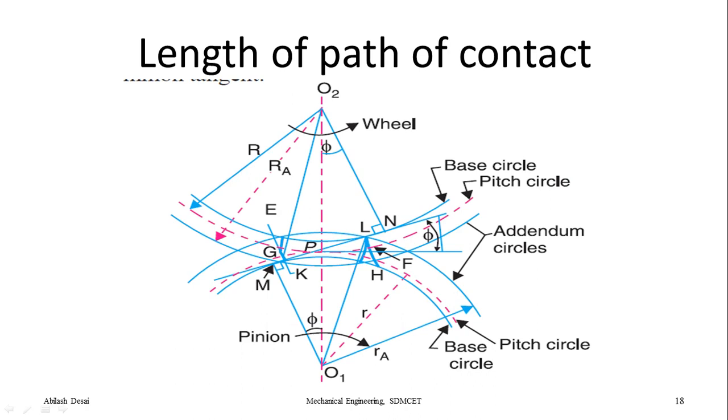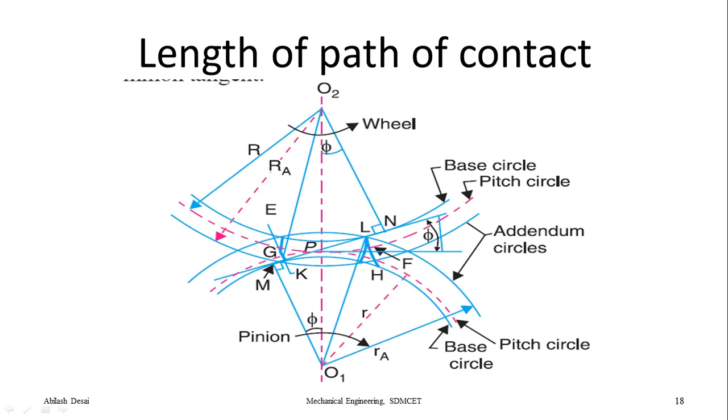You know the addendum circle is the farthest point from the center, so the distance from O1 to this addendum circle is r A.